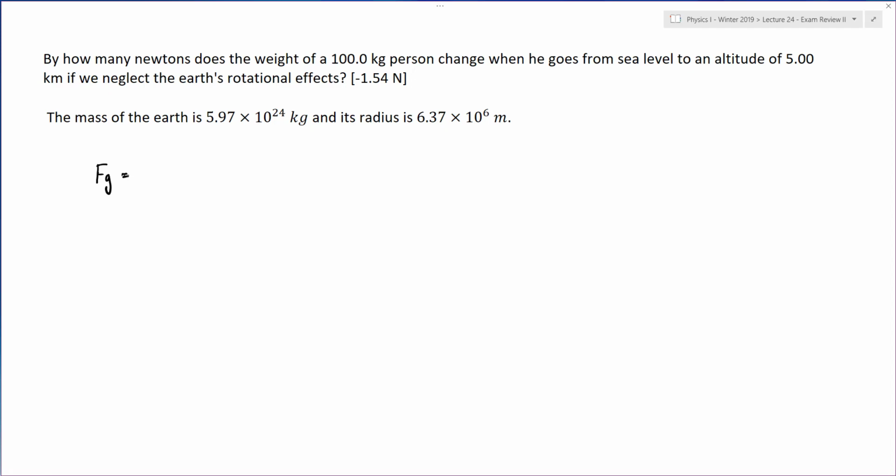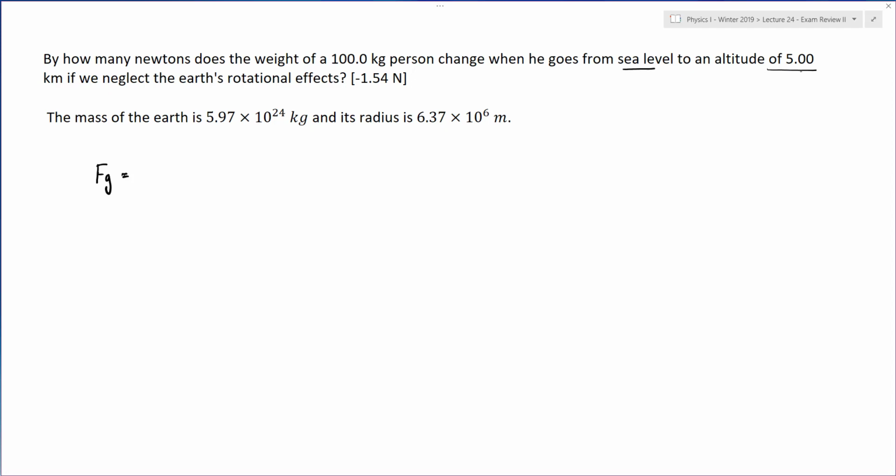Now that is only true if we are close to the surface of the Earth, where g would be 9.80 meters per second squared. But in this case, we don't necessarily know what the g is, since we're going from sea level to a certain altitude. So we want to figure out what the force of gravity is at various heights from the surface of the Earth.